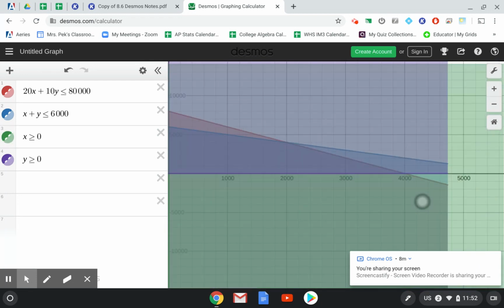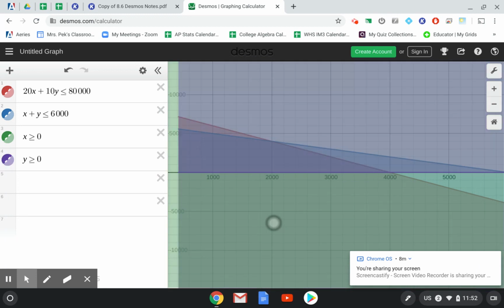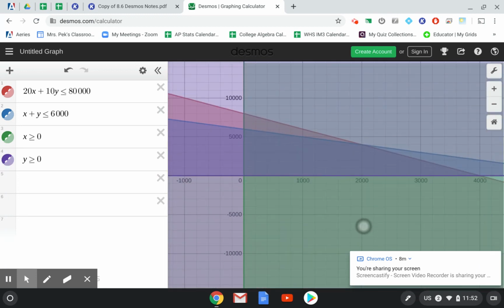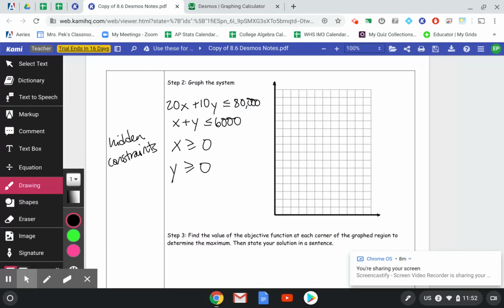And then this line went all the way over to 6,000 over here. So I need to make sure I've got those in my picture. So I need to go up to 8,000 on my y-axis and over to 6,000 on my x-axis. So let's see, 1, 2, 3, 4, 5, 6, 7, 8.